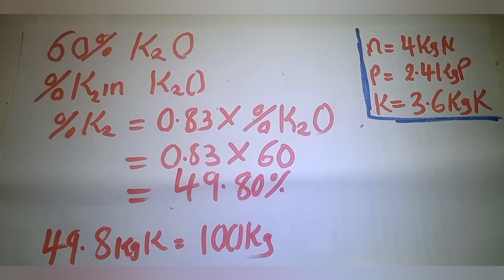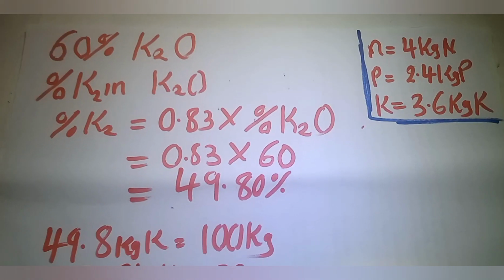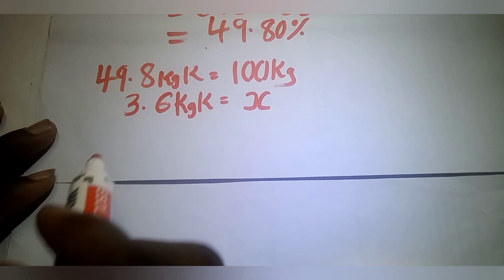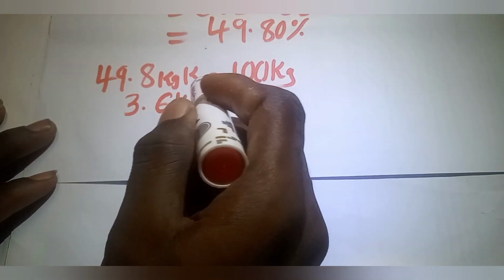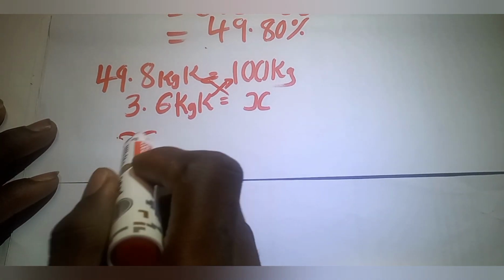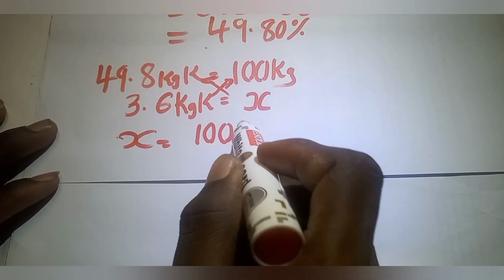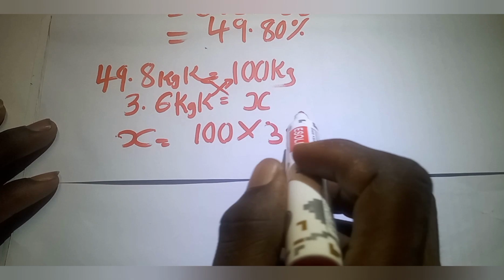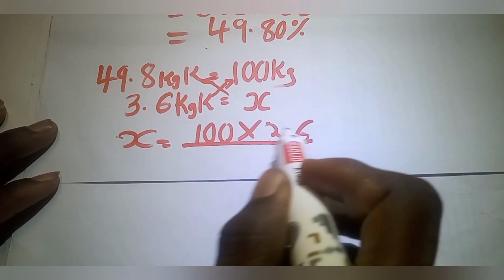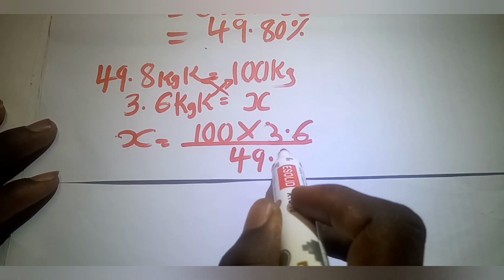So I'm going to be having 3.6 kilogram of K equals to what? Represented with X again. So if you cross multiply, X will be equal to 100 kilogram, 100 multiplied by 3.6 all over 49.8.